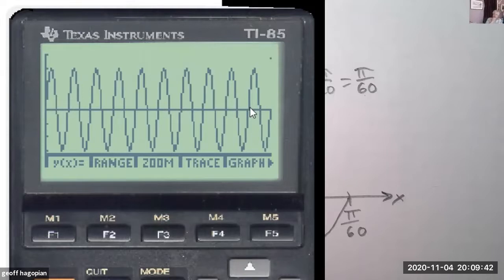I get 10 oscillations instead of 100, well, maybe that's actually right, huh? So if a wavelength is pi over 60, that's 1/10 of pi over 6. Oh yeah, okay. Actually, that's good then.